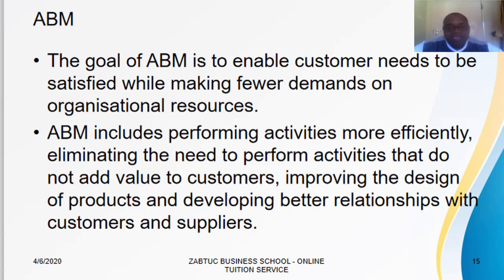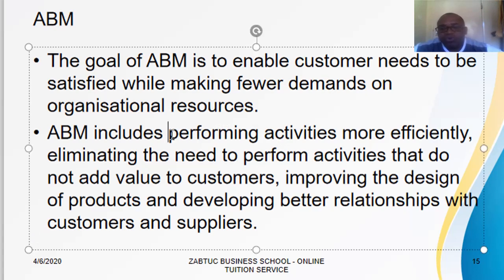So in ABM, we emphasize performing activities more efficiently, eliminating the need to perform activities that do not add value to the organization, improving the product's design, and developing better relationships with customers and suppliers. So I want you to take note of a number of items here. One is the issue of performing the activities more efficiently.